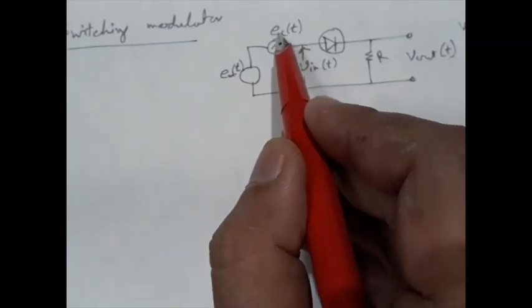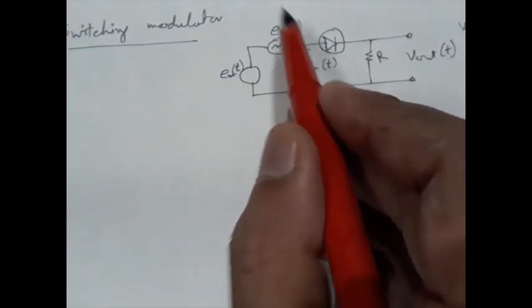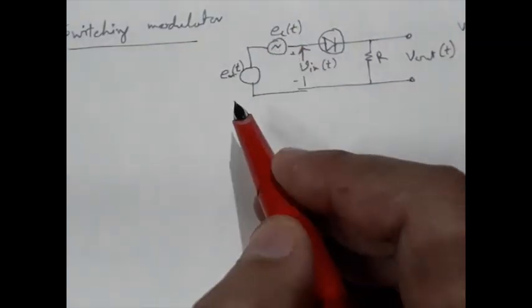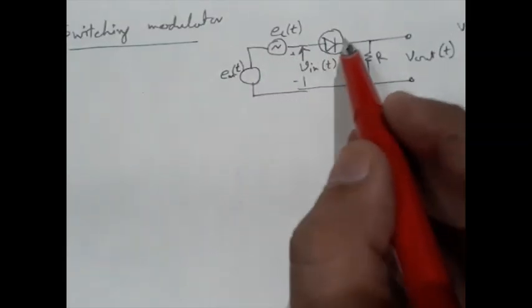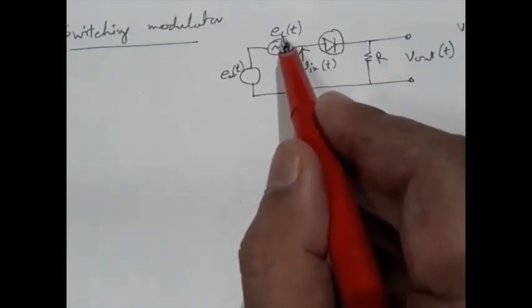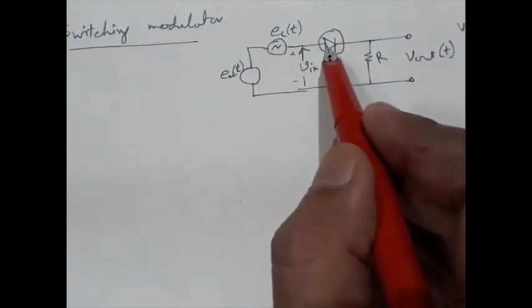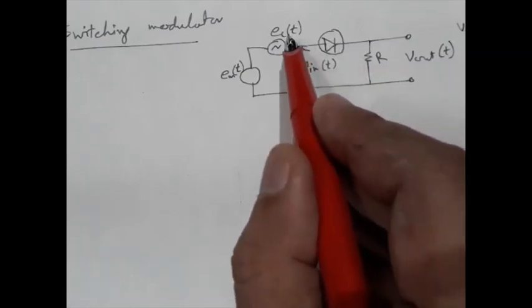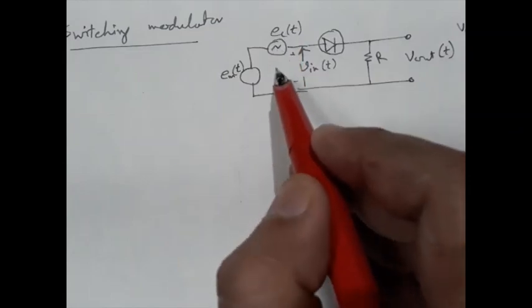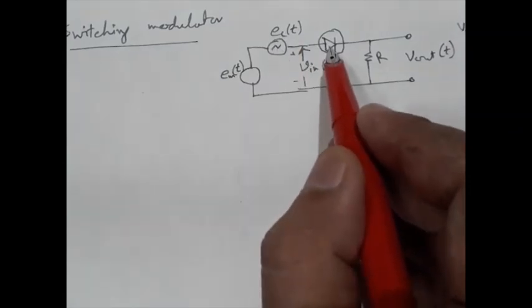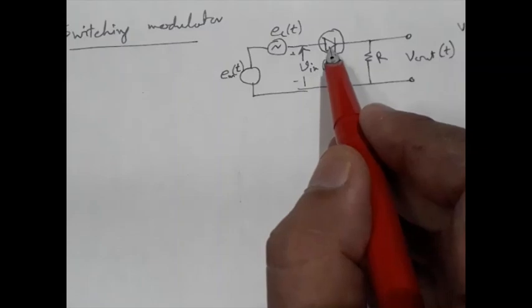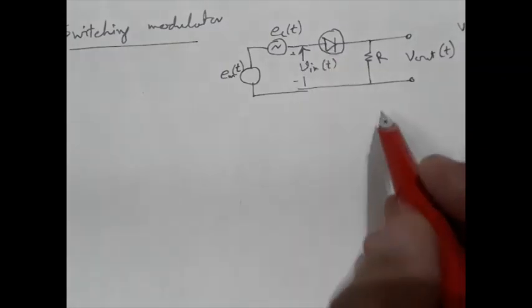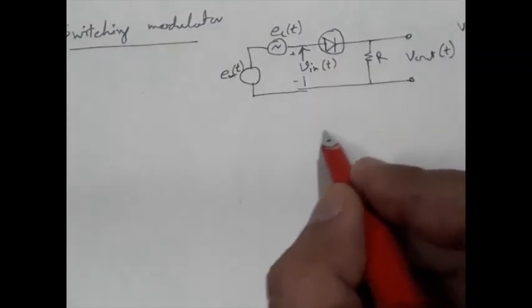Since this carrier signal is of high amplitude, what happens? This carrier signal actually controls the bias of this diode. So depending on the phase of the carrier, the diode will be either in forward bias or in reverse bias condition.